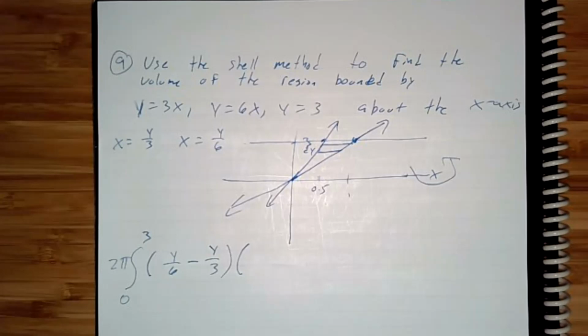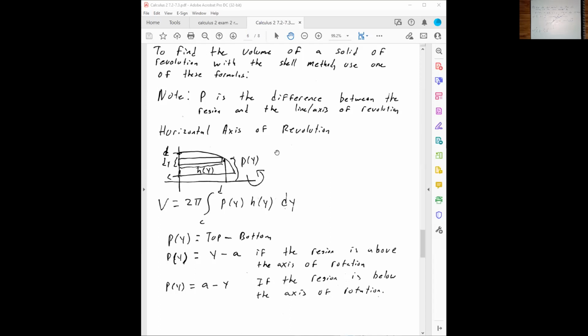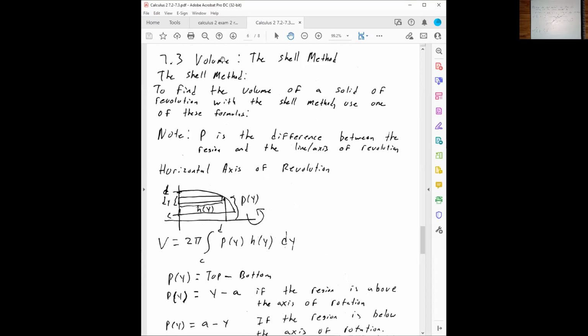So y. y minus 3? Let's see, let me look up my formulas here. If we have dy, here, let me show you. Yeah, we wrote this line in your notes, shell method. What was the difference between the region and the line, the axis of revolution?